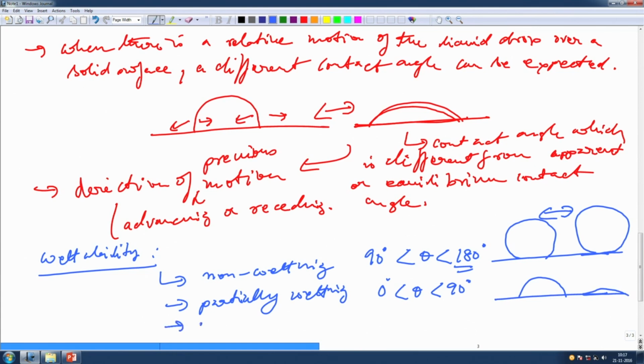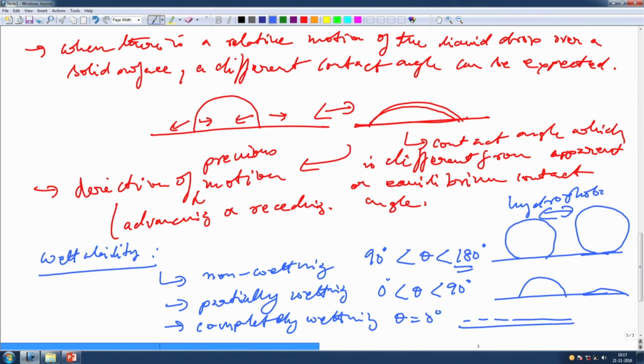Okay. And completely wetting would imply theta is equal to 0 degrees. That means it is a flat film. So, this is more like hydrophobic, we will check what hydrophobic are, this is more like hydrophilic, and this is completely wetting.